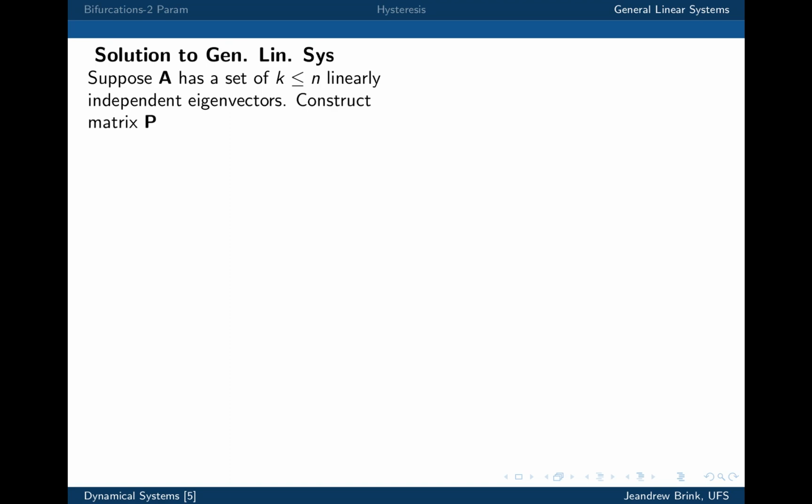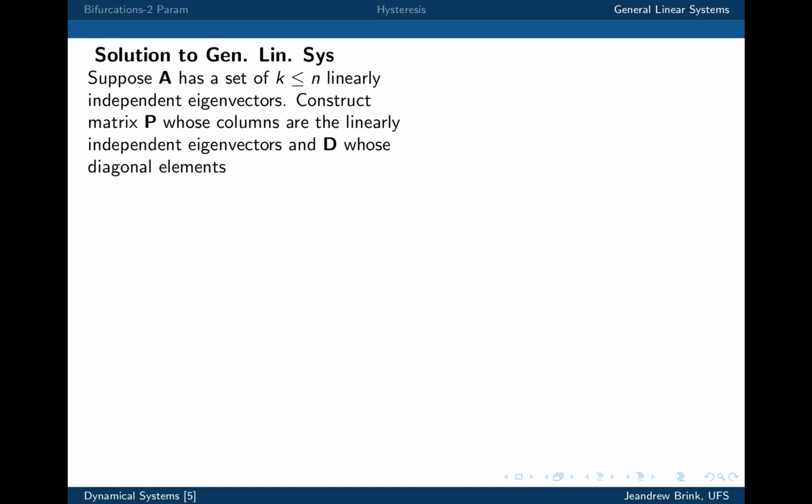What we're now going to do is construct a matrix P, and the way we construct P is we make its columns the linear eigenvectors themselves. D is going to be a diagonal matrix that has the eigenvalues on it. So we're going to have P, which is the eigenvectors arranged as columns, and our matrix D, which has the eigenvalues in it.